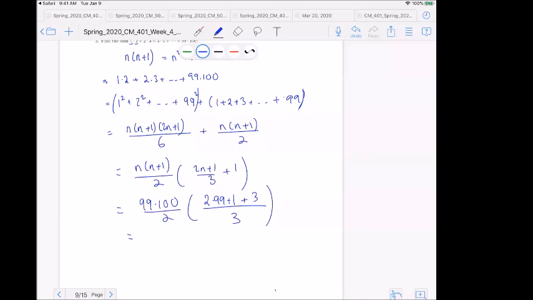Now in here, 2 times 99 plus 4 is going to be equal to what? 202. Thank you. So it is 99 times 100 over 2 times 202 divided by 3.